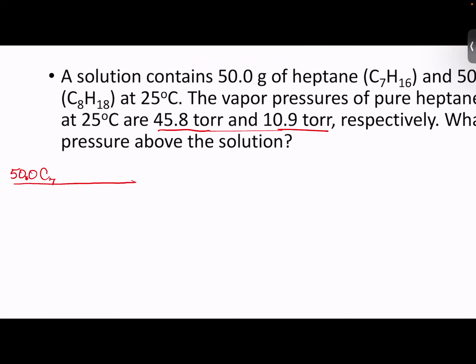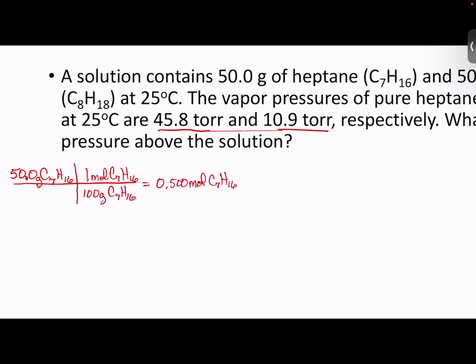I'm going to convert that grams into moles using the molar mass, which is 100 grams of C7H16 is equal to 1 mole of C7H16. Which is 0.5 moles of C7H16.